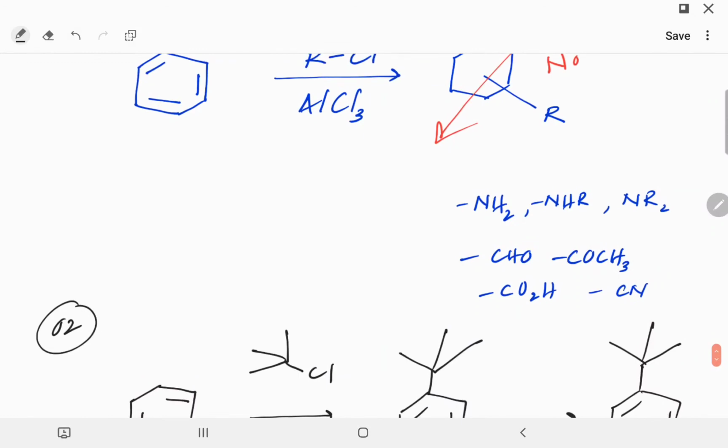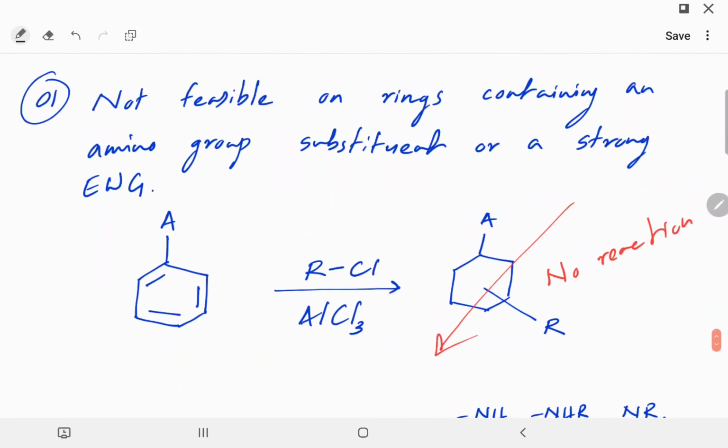So let's go back and revisit the limitations. First, if you have a monosubstituted benzene with an electron withdrawing group or an amino group, you might not be able to do this Friedel-Crafts alkylation, because these electron withdrawing groups or amino groups can basically poison the benzene ring towards electrophilic aromatic substitutions.